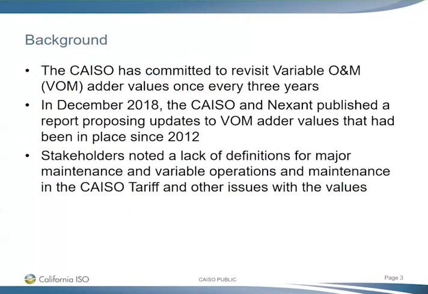All right. A little bit of background on this stakeholder initiative. We have committed to revisit our variable operations and maintenance adder values once every 3 years. At the end of last year, we, along with Nexant, published a report with some updates to these values. We received some stakeholder comments back from that, noting a lack of definitions for major maintenance and VOM in our tariff, as well as some other issues.